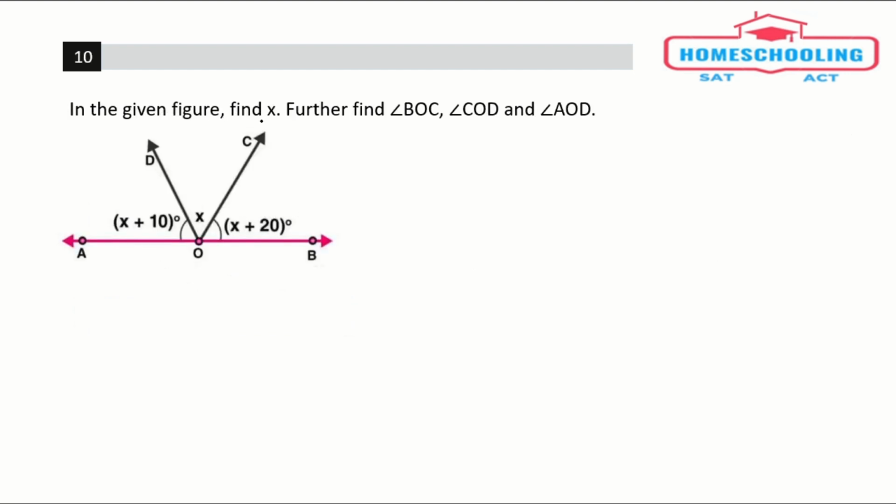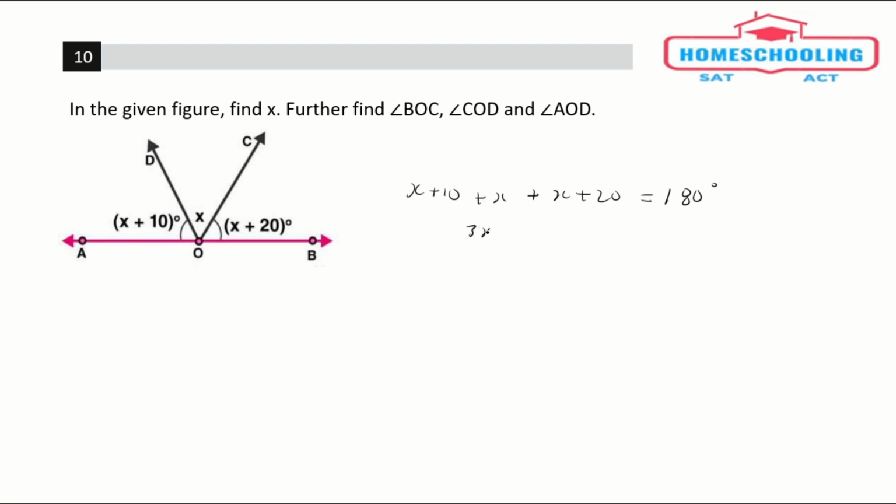In the given figure, find x and further find angle BOC, COD and angle AOD. So this is a linear angle, as we can see, so the sum would be 180 degrees. So x plus 10 plus x plus x plus 20, the sum of all these three angles would be 180 degrees.